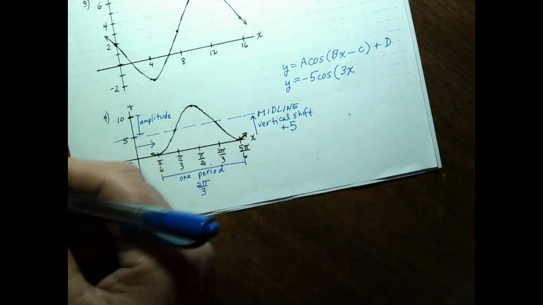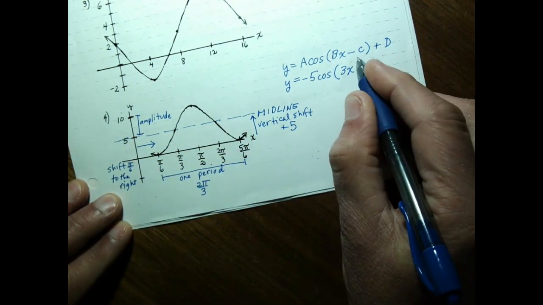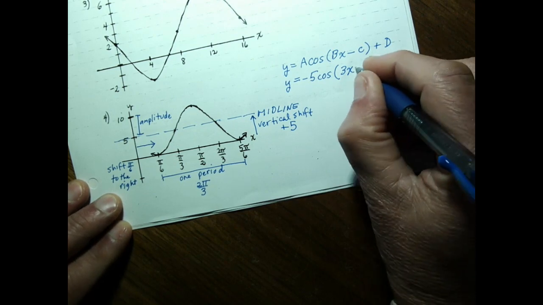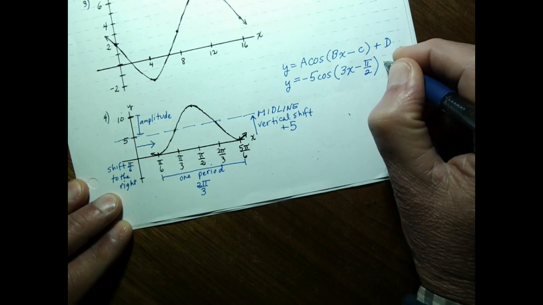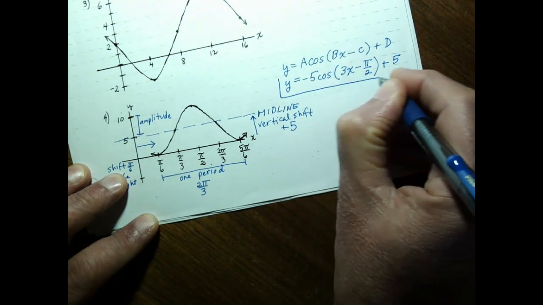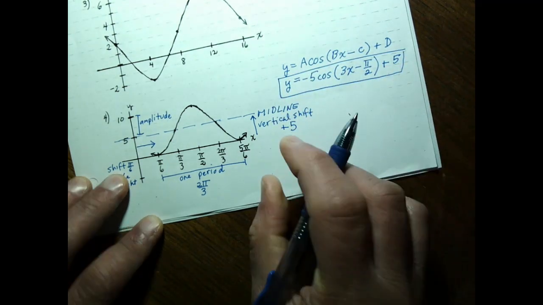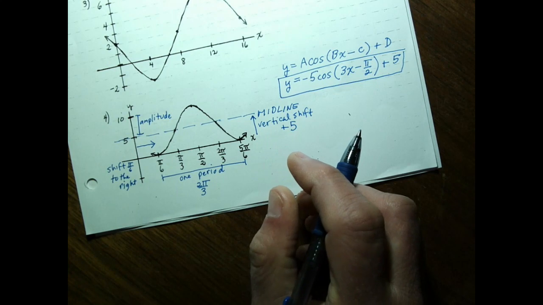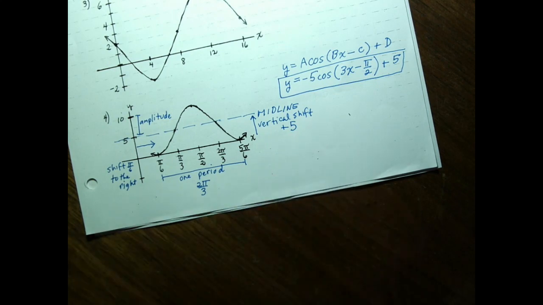We want a plus sign if the phase shift was to the left, in the negative direction. So here we want a minus sign. Minus c is minus pi over 2. Plus d is plus 5. And there we have our result for the last one.